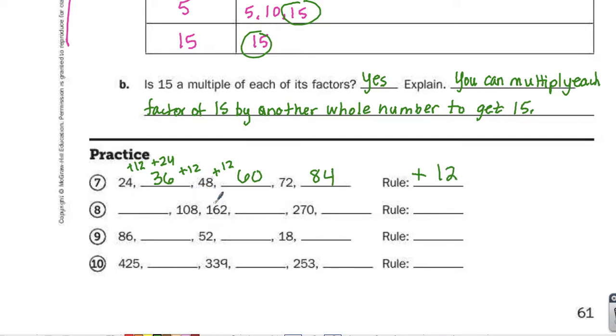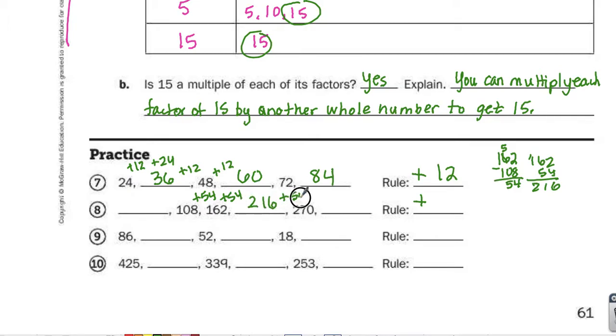Here I have 108, 162, then 270. I must be adding something. To figure out what I'm adding, I'm going to take the difference between 162 and 108. When I subtract, I have to borrow. 12 minus 8 is 4. 5 minus 0 is 5. So 54 must be what I'm adding. 162 plus 54, let's see what that would be. 216.